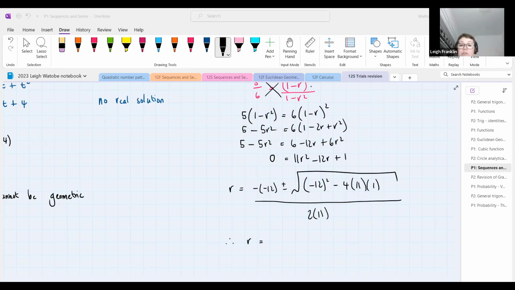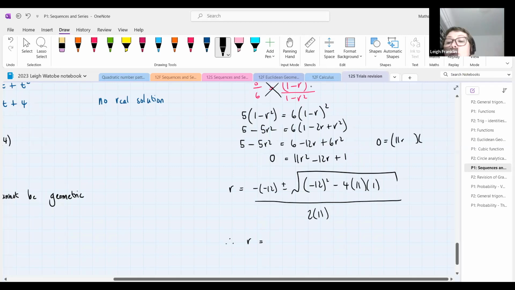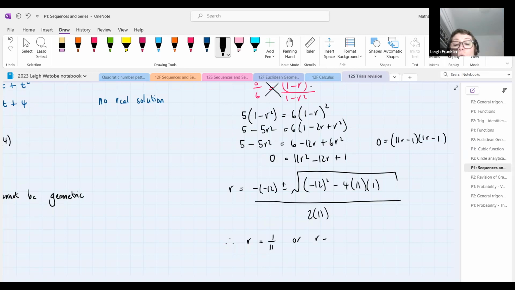All right. So otherwise, you could factorize if you wanted to. Those of you that did factorize, you would have had 11r in one bracket, one r in the other bracket. Because there's a minus in the middle, both brackets have to be negative, and then we'd have 1 and 1 like that. So either r would be equal to 1 over 11, or r would be equal to 1.